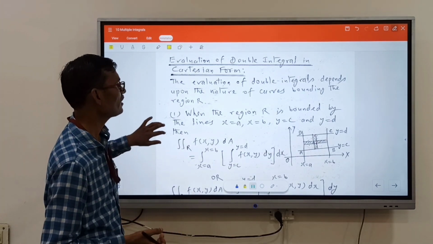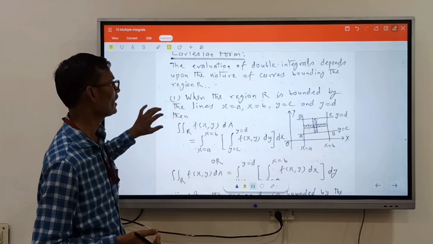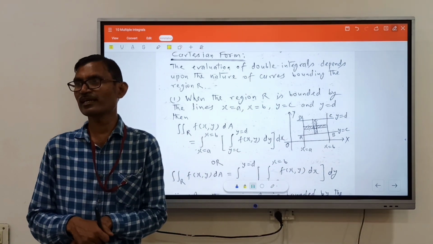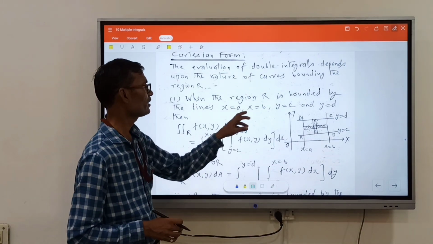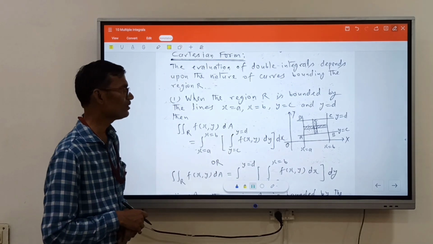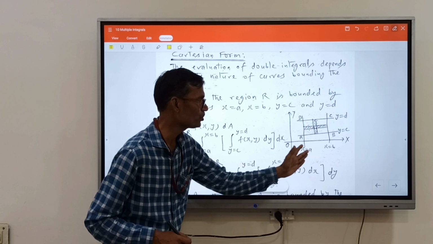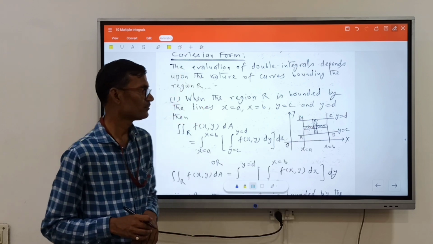Suppose the region R of area A is bounded by the four straight lines x equal to a, x equal to b, y equal to c and y equal to d, which is clearly shown in the following figure.